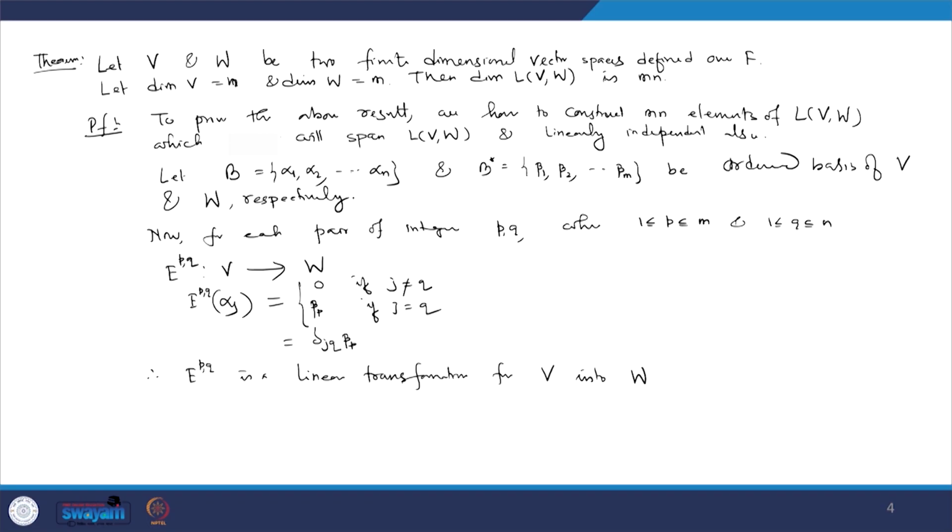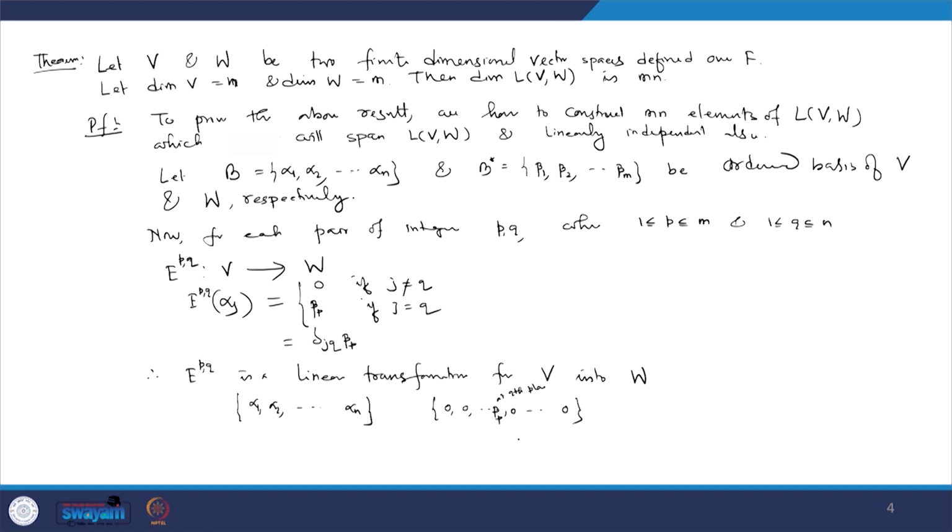So, if I consider the set alpha 1, alpha 2, ..., alpha n, this is an ordered basis in V, and the other set is 0, 0, ..., beta p at the qth place, then 0 and 0.